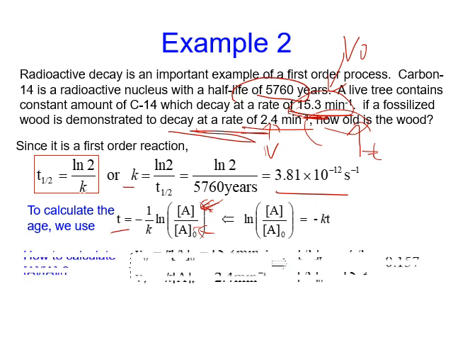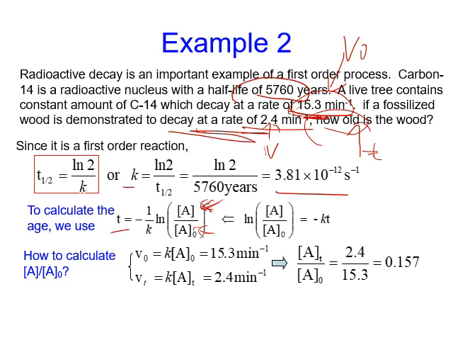So we can write two reaction rates. One is initial, which is rate constant times initial concentration of carbon-14, equal to 15.3 per minute. And at the present time, K times concentration equals 2.4. If this is 1 and this is 2, we use 2 divided by 1, and you will see the rate constant cancel each other.